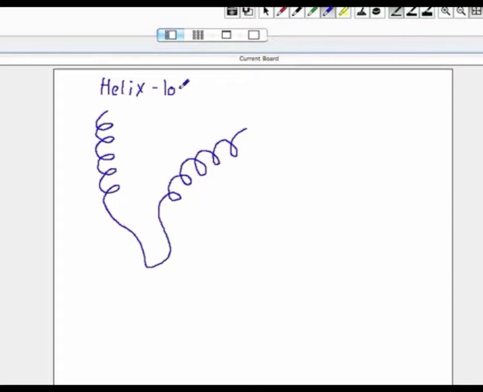Remember that this is often associated with calcium binding proteins. There are some DNA binding proteins that like this too, but they're more likely to be helix turn helix. But most often it's associated with calcium binding proteins, calcium 2+, a calcium ion, a cation.